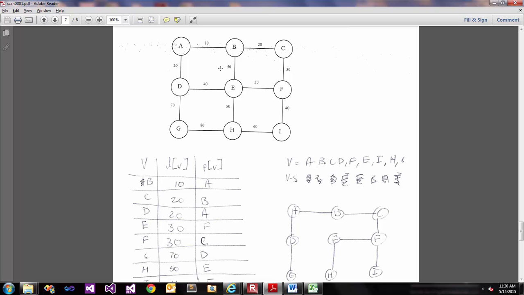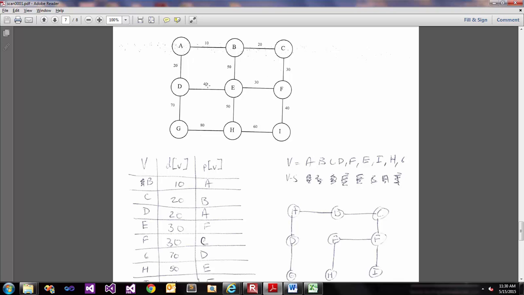So after we do that, we look at all the values here, and A, B, and C are all in our V. The next value that we come to and pick is D, because that has the lowest value of 20. So now we take D from VS to V, and we look at the additional links added for that.